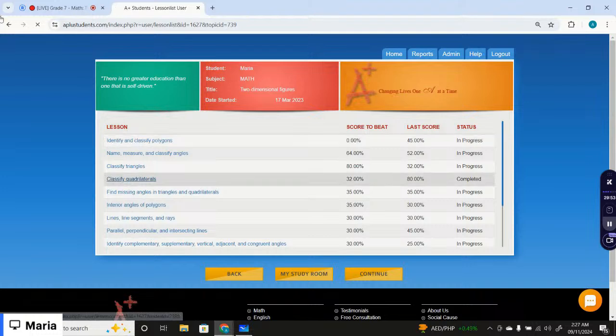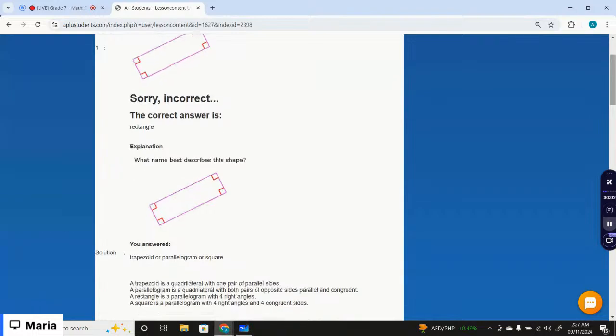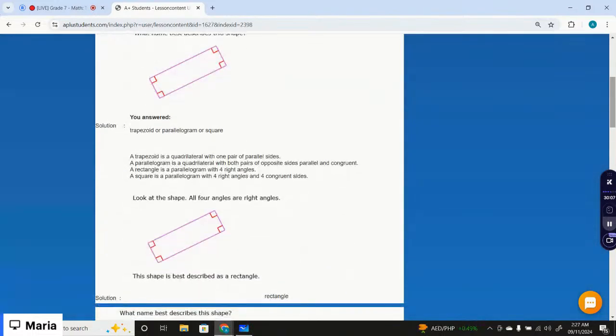The next one is classify quadrilaterals. What name best describes this shape? That is a four-sided shape with all angles measuring exactly the same, all right angles. So that is a rectangle. A trapezoid is a quadrilateral with one pair of parallel sides.